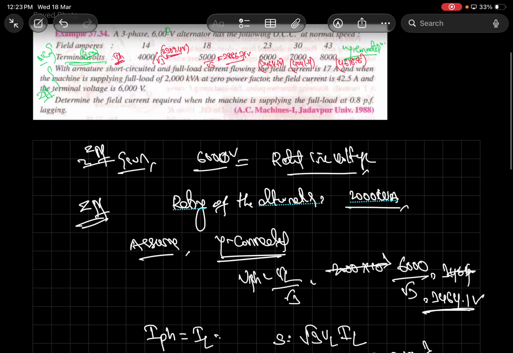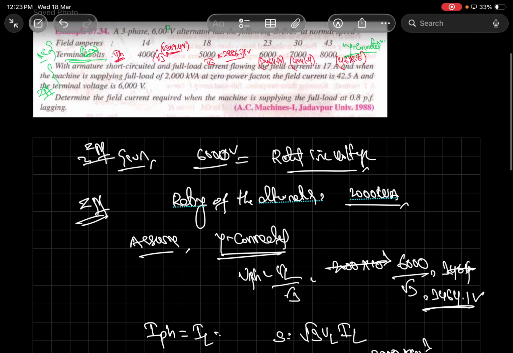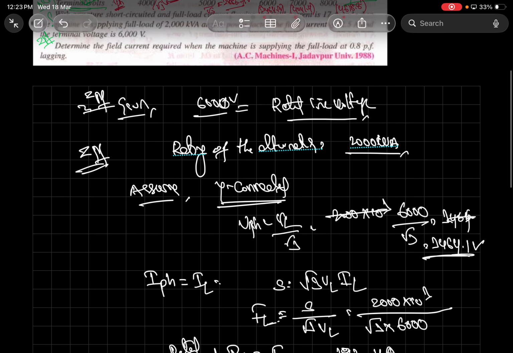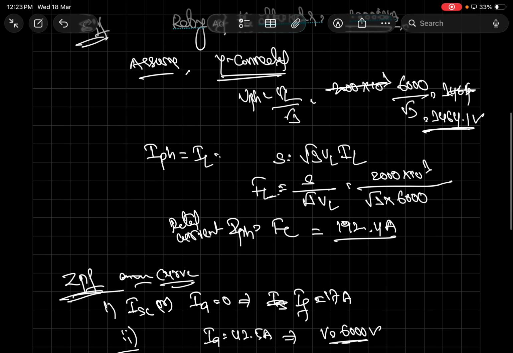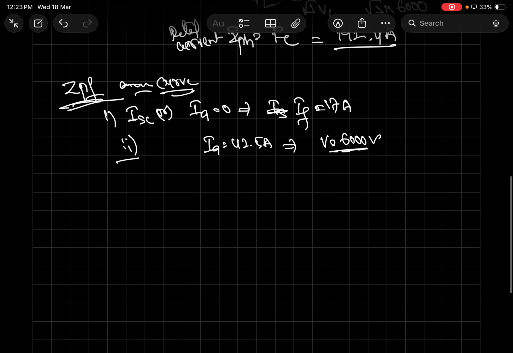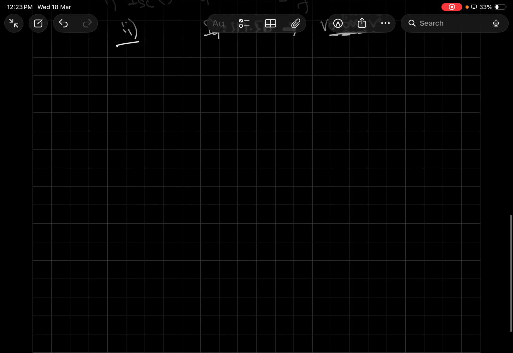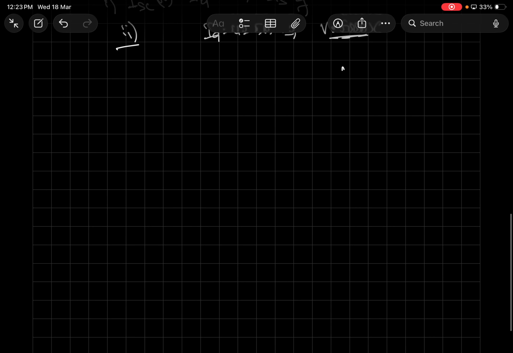What is the scale that I need to assume here? The maximum value of voltage is 4600, so 5000 is the maximum value. Can I take it in terms of 10? In terms of 10 is also okay. On the Y-axis, 1 centimeter equals 500 volts.